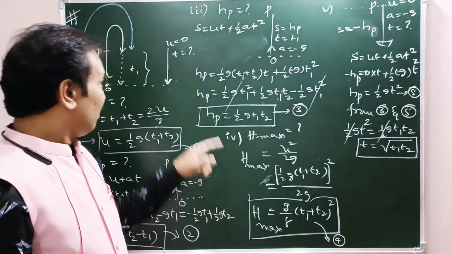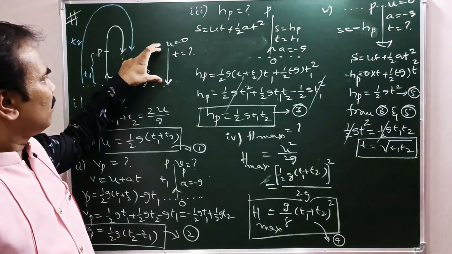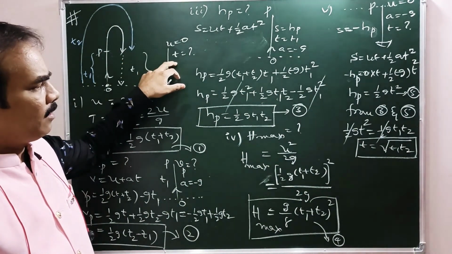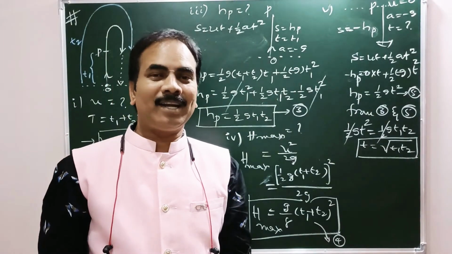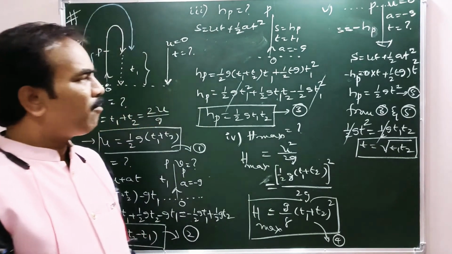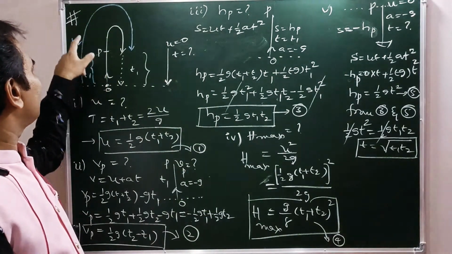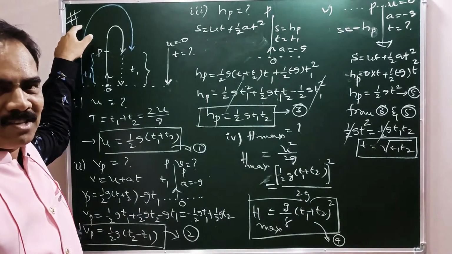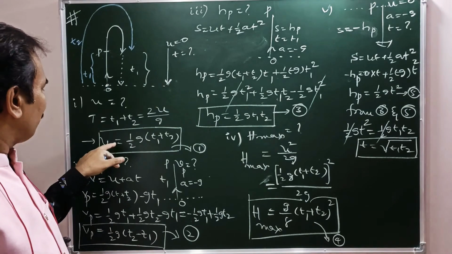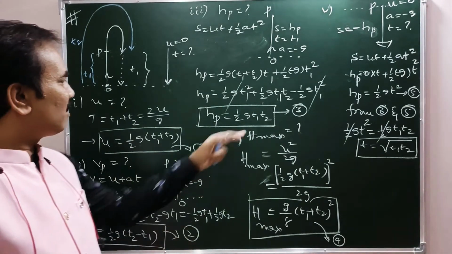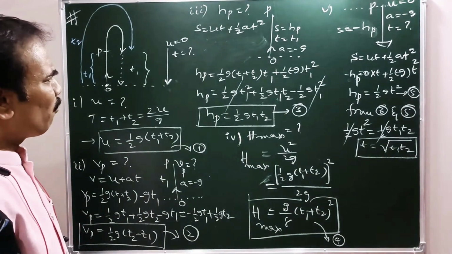In case of a body dropped from the same height P, the time taken t in terms of T1 and T2 is given by t equals root over T1 T2. Suppose you are given a question like that: T1 equals 2 seconds, T2 equals 4 seconds. Let us check all the answers from the first equation, second, third, fourth, fifth.